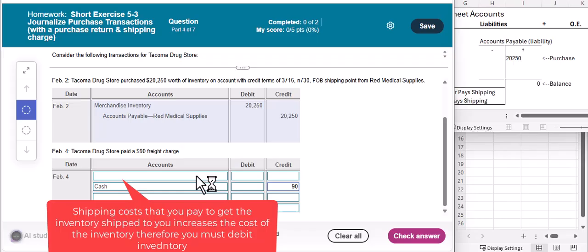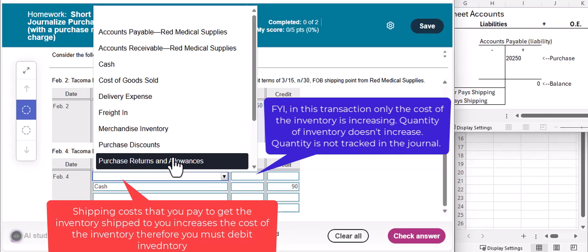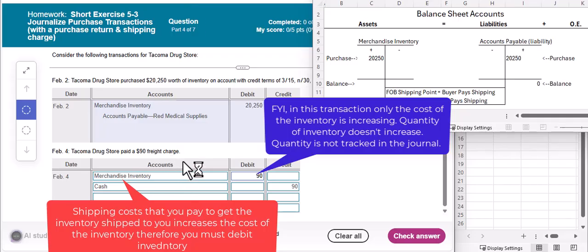And then what is the debit account? So we're going to classify this $90 in freight as part of the cost of inventory. So we're going to increase the cost of inventory by the $90. So we'll go ahead and input this inventory for 90. So that freight charge becomes part of the cost of inventory. So let's say you buy inventory that costs $5,000 and then you had to pay $100 in shipping.